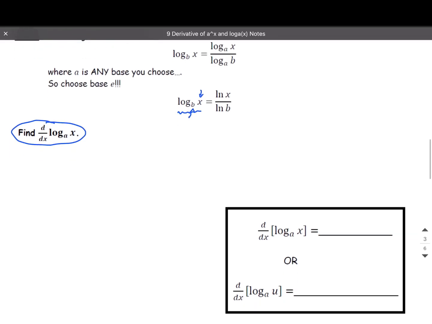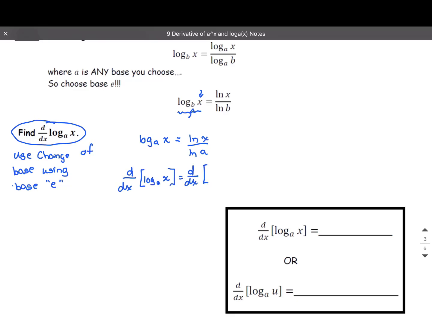And it could be any base, but we're going to use the natural log because we know the derivative of the natural log. So for instance, if we're going to use the change of base rule to do this, and we're going to use base e. So if we have log base a of x, that's going to become the natural log of x over the natural log of a. Now we're going to take the derivative with respect to x of both sides.